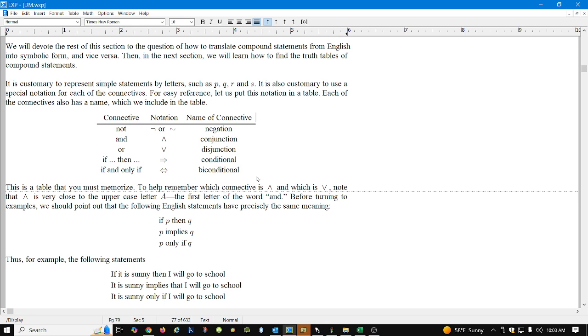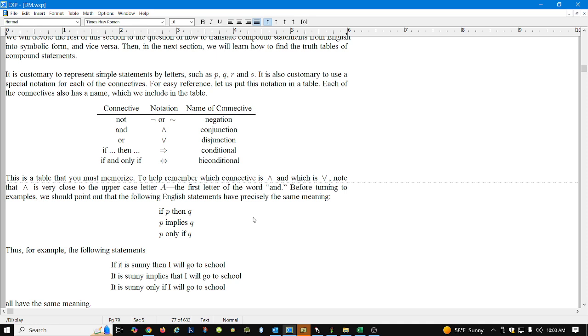It's common for students to have trouble remembering conjunction and disjunction. Conjunction is and, and this is kind of like an A, the letter A without the little bar in the middle. I don't know if that helps any, but ultimately you just have to become comfortable with them.